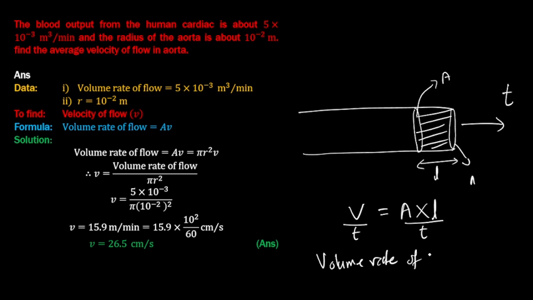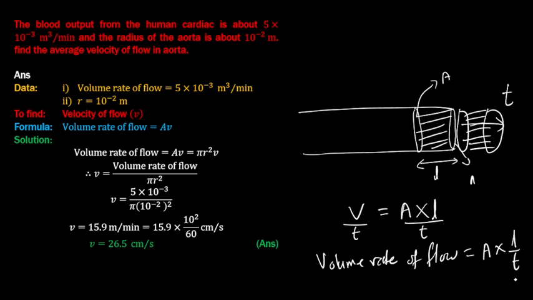On the right hand side we have area multiplied by L by T. I have deliberately written L and T aside from the area A because when this section of the fluid has completely flown, it has traveled the distance of L. After the time T it will be in this position, so it has traveled the distance L equal to its own length. So L is the distance and T is the time taken.